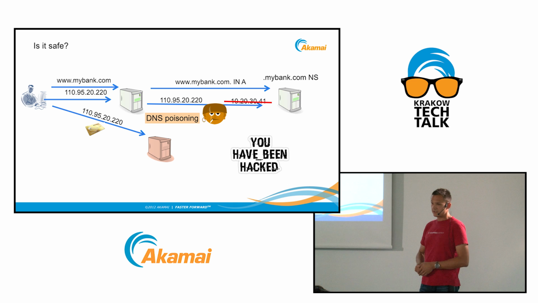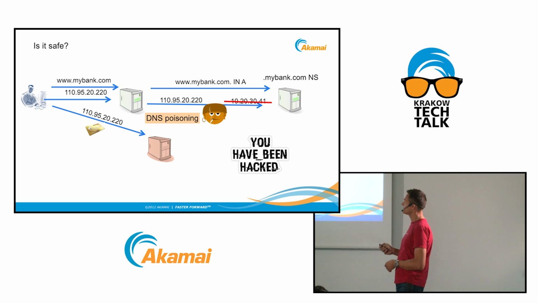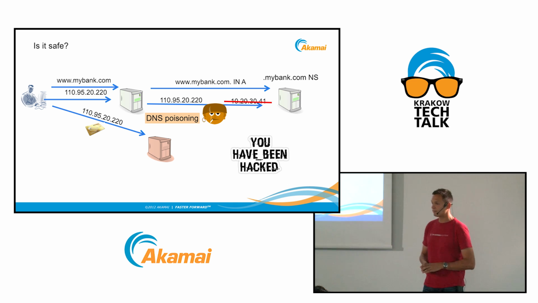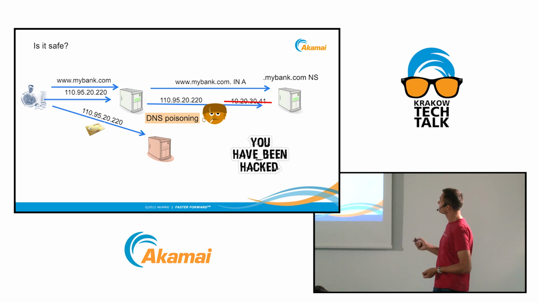Let's open our bank page and assume we are getting correct results. So our caching name server is asking for an address for www.mybank.com. And again, the same process follows. So we are looking for authoritative name servers for the domain name, trying to get the IP address for that.